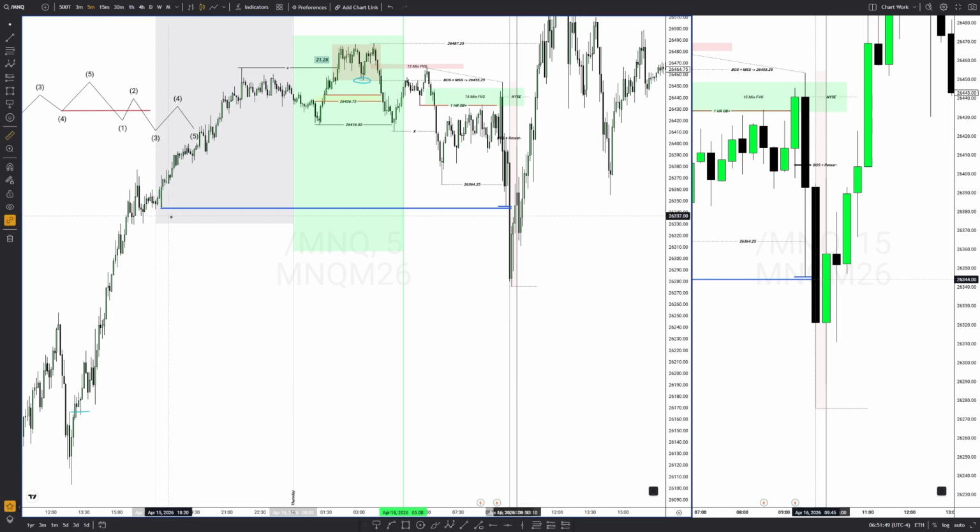If you take a measuring tool or a date and price range and drag it all the way out to when we finally traded into this level at 9:50, it took us 15, roughly 16 hours, to get back to this area where we've previously established the trend going up for the daily PO3, and trade through that level with aggression and bottom out and make the low at 950.